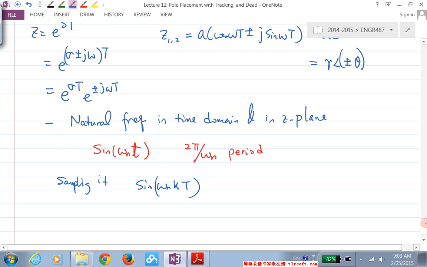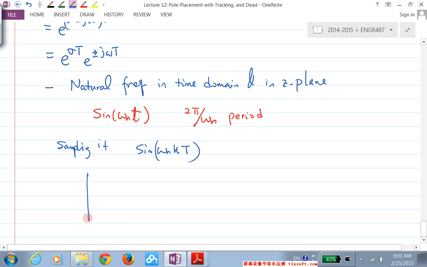Basically, if I draw a sine here, and keep drawing a few more, T is the sampling time. The samples you get here are separated by the sampling time T.